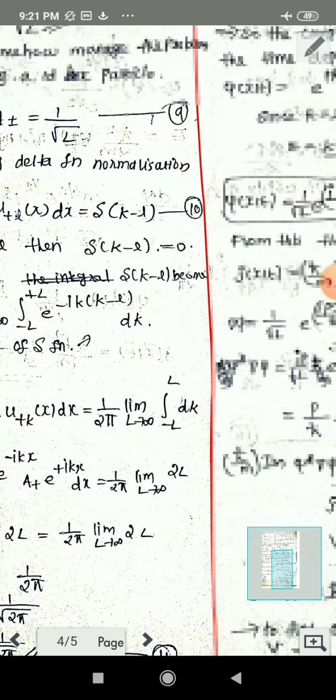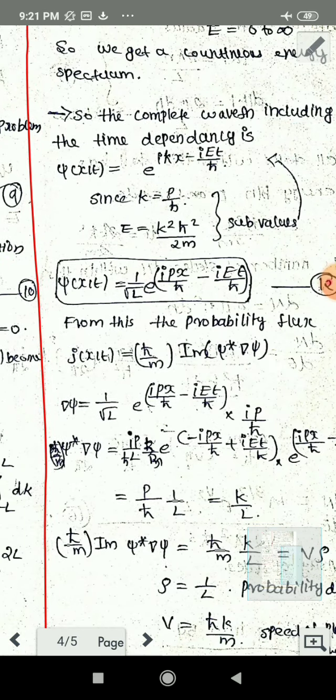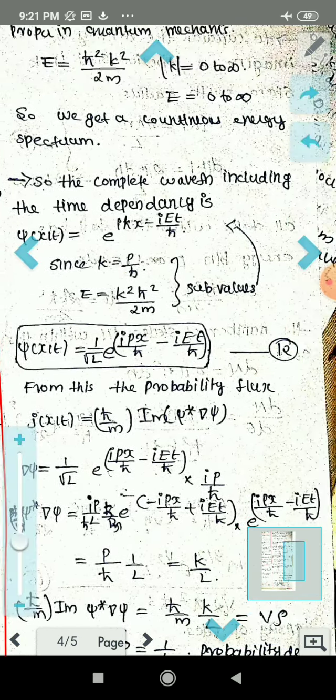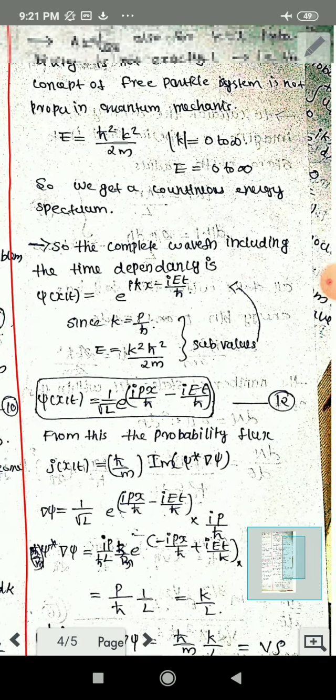So we got the constant, and hence we can write the wave function, isn't it? So we choose A plus or minus as 1 by root L by box normalization. Here the particle is not quite free, because we cannot normalize this wave function earlier, but somehow we overcame the problem.